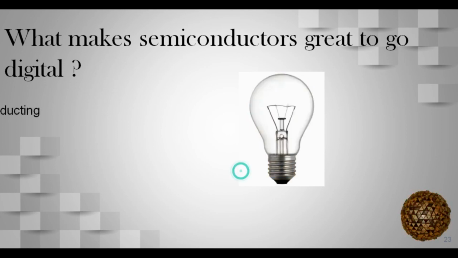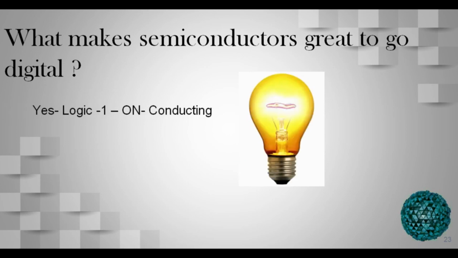As we know, semiconductors work half as conductor and half as insulator, but this functioning is done in a proper controlled manner. We can control them. Whenever we want them to work as a conductor, they can work as a conductor, and whenever we say don't work as a conductor, they stop working as a conductor.